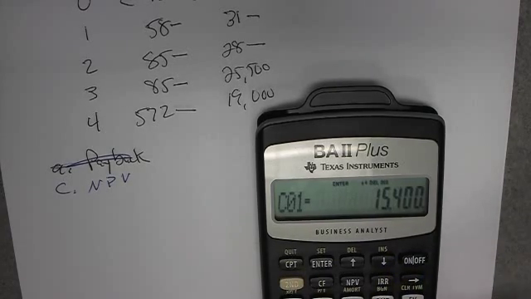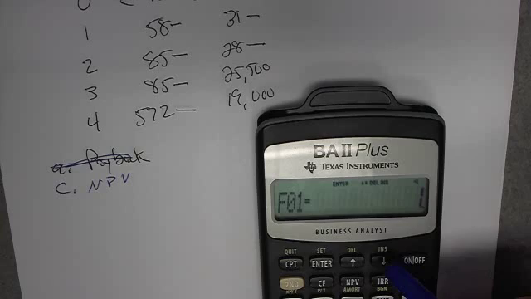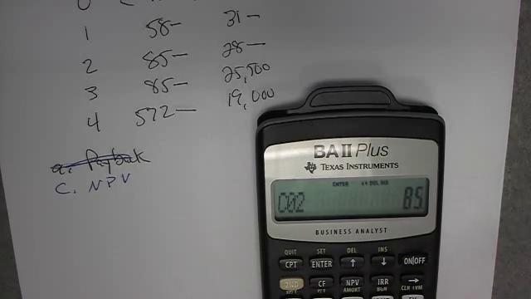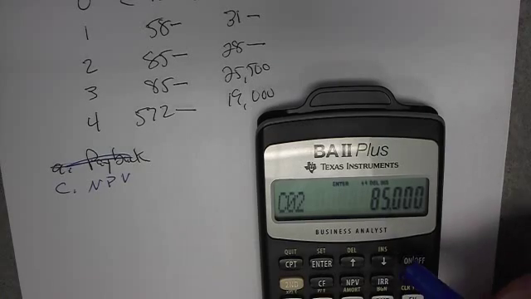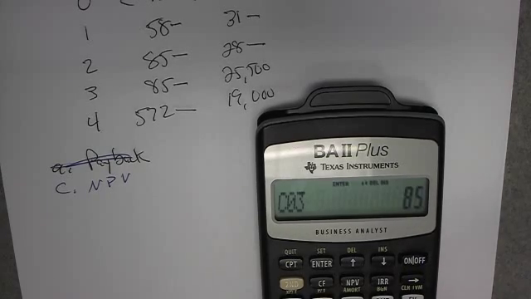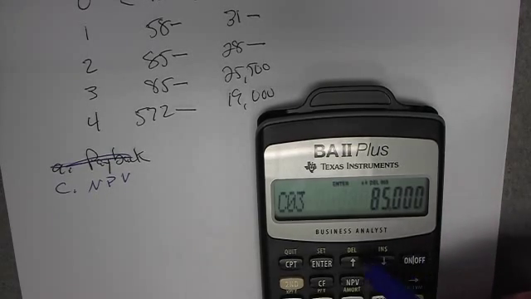And then in year one, we're going to get 58,000. Enter that. Cash flow year two is $85,000. I'm going to enter that. And the third cash flow is $85,000. I guess I could have done that as two. I'm going to enter that.